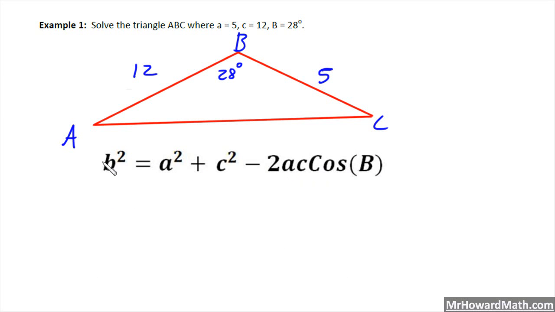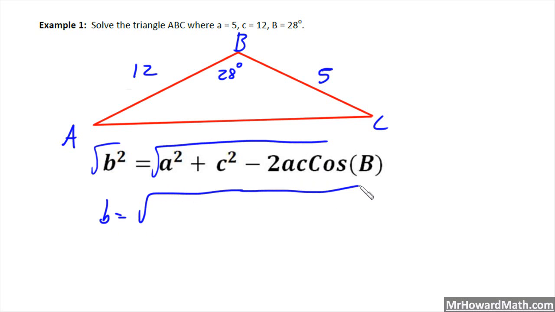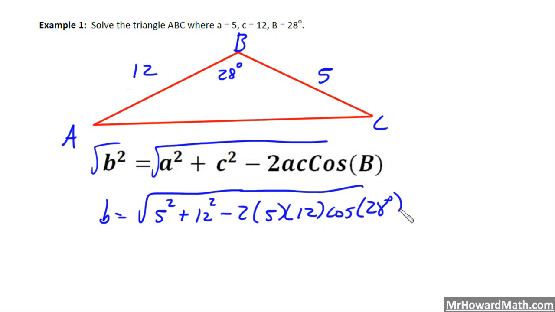So that's what we need to solve this. If you notice, we can square root both sides and simplify this a little bit like this. And I'm going to fill in this information as we go. So a is 5, so 5 squared, plus c is 12, so 12 squared here, minus 2 times a is 5, times c is 12, times cosine of angle B, 28 degrees.